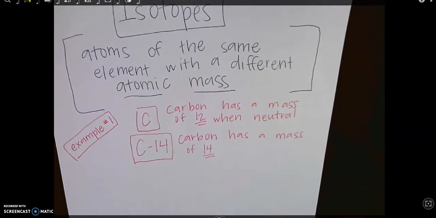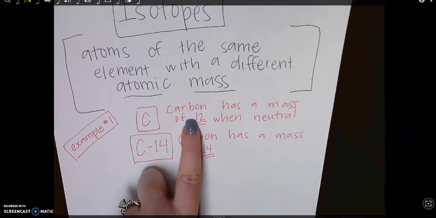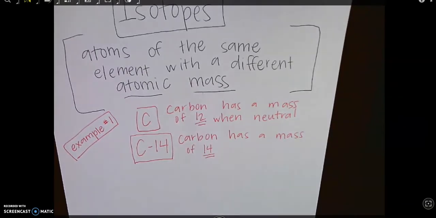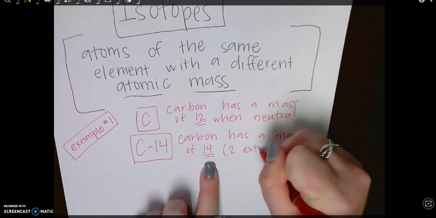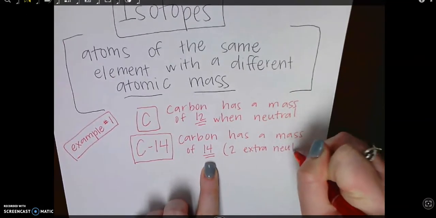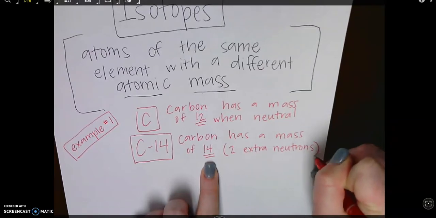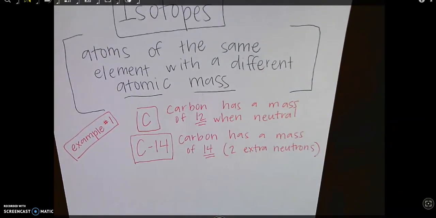And when I think about what the difference between this mass and the neutral form of carbon is, I know that that's going to mean that there's 2 extra neutrons. If you need to pause the video to write down this example, please do so.